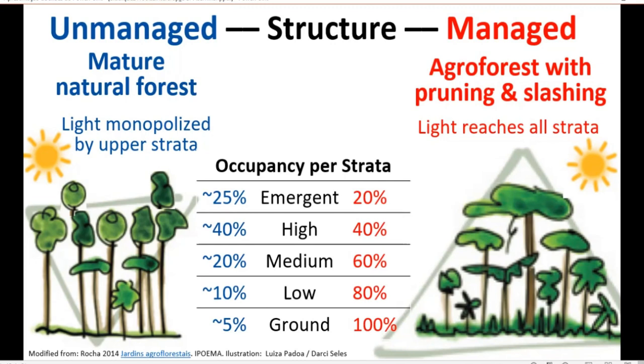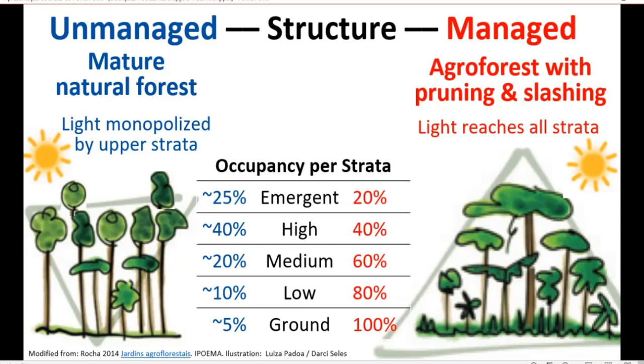So in the efficient agroforestry system, we can actually invert that structure by having a lower density of emergent, highly light demanding species, and then have a gradually higher proportion of occupancy of each strata as we go lower down towards the understory.